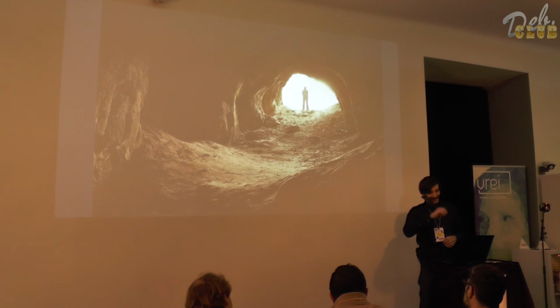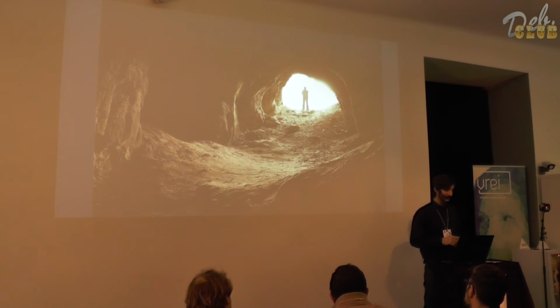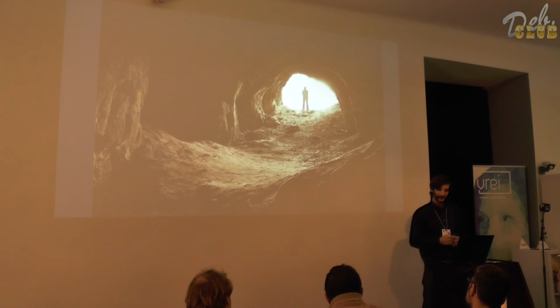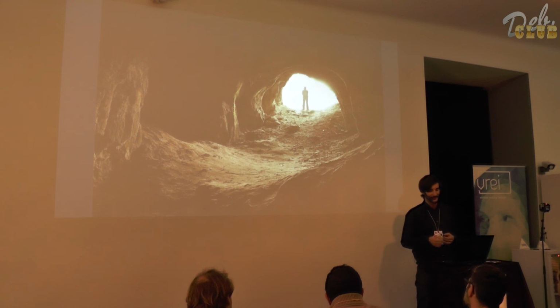When the slave comes back in the old allegory, he's trying to explain what he saw outside to the other slaves, and he's not being received so well because what he's showing doesn't work for them. They're afraid of it. They don't understand it.